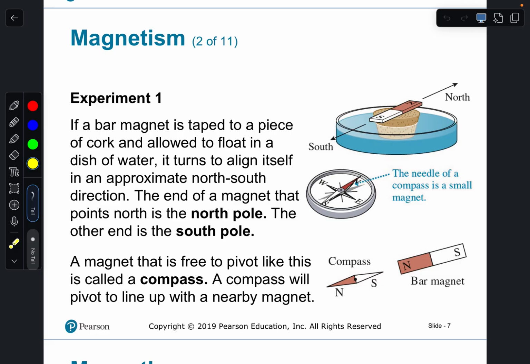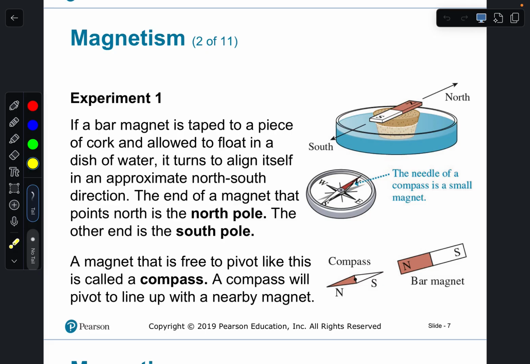So I can influence the compass, but if I take any extra magnetic fields away and allow it to only sense Earth's magnetic field, it's going to eventually stop spinning and realign with Earth's magnetic field. See, it's making its way, oscillating. So that's experiment number one.